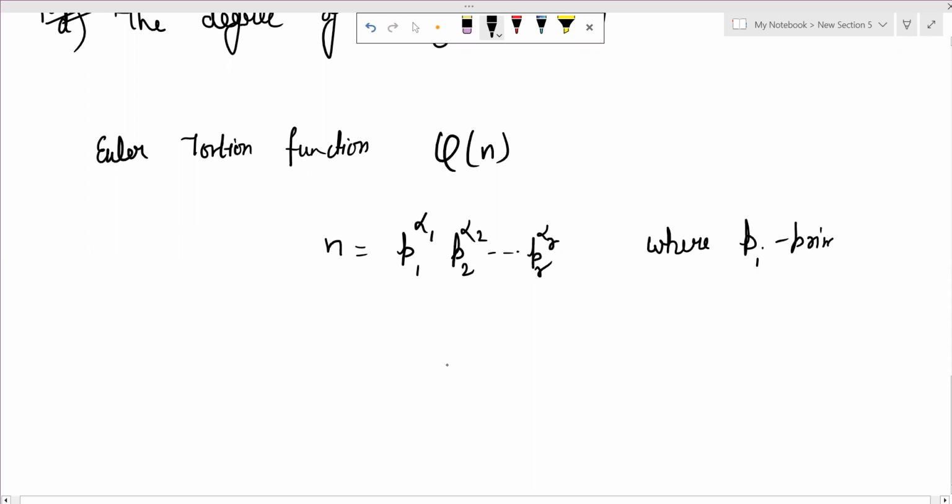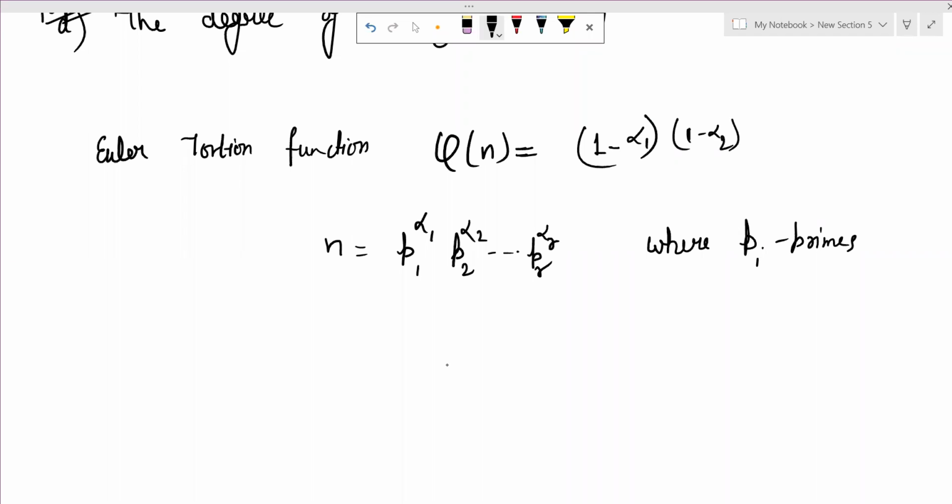So then what will you do? How will you compute? The formula you gave is (1 minus alpha 1) into (1 minus alpha 2)... Okay, this is not correct, right? Let me give you an example.